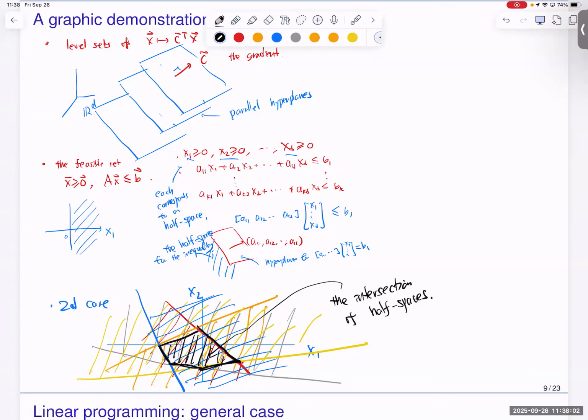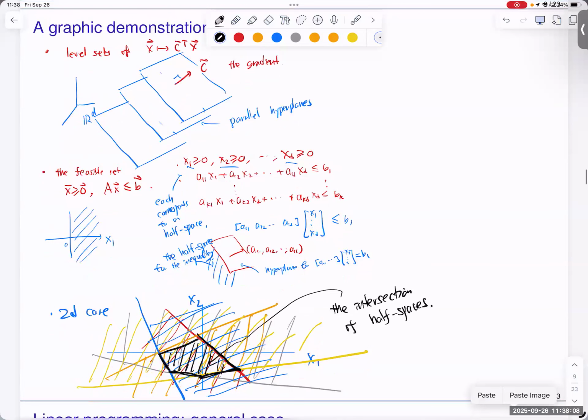So in high dimensional case, the corresponding object is called a polytope. Okay, some kind of high dimensional version of polygon. Okay, so polytopes have some kind of faces and edges and vertices and so on.